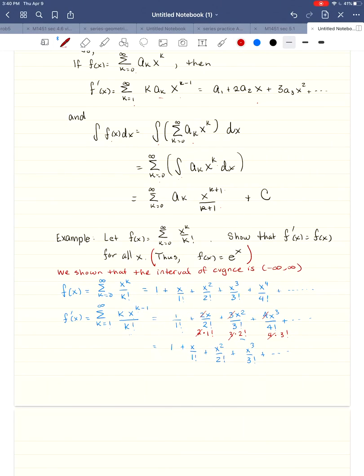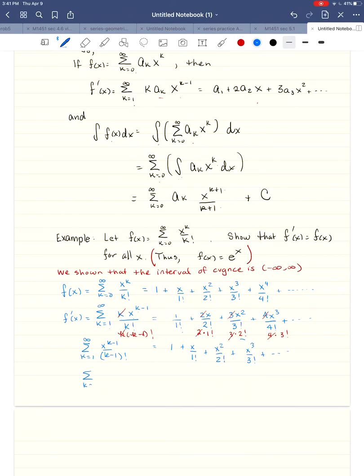In the summation notation, if I cancel, k factorial is the same as k times k minus 1 factorial. So if I cancel there, I'll be left with the summation from k equal to 1 to infinity of x to the k minus 1 over k minus 1 factorial.